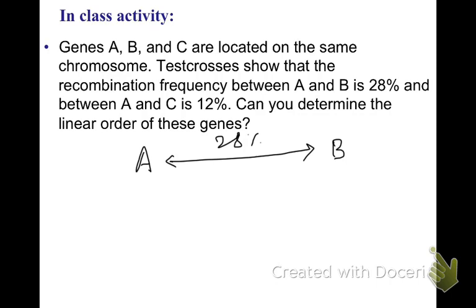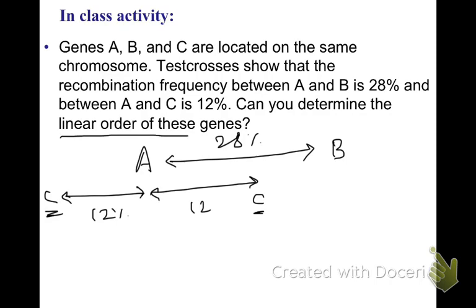Now A to B is 28%. Okay, now A to C is 12%. So A to C can be 12% on this side or it can be 12% on that side. Got that? So there is nothing that says that it has to be on this side or on this side. And then you cannot find out the linear order of these genes till you come to know what is B to C recombination frequency.